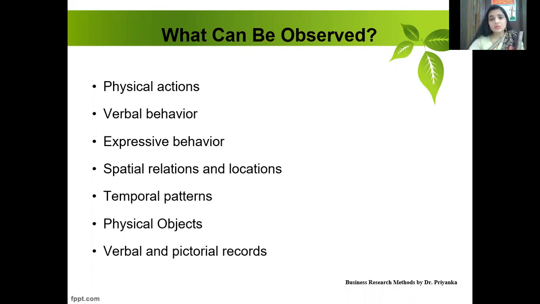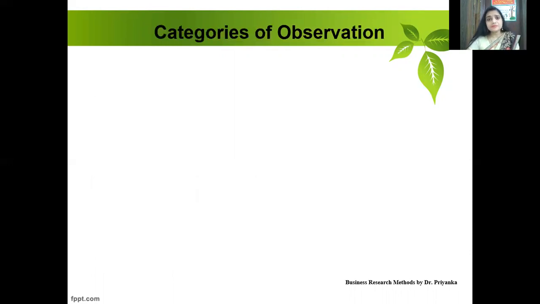These are the things which can be observed, and so many things can be listed under these categories. We discussed a few examples in our last video for all of them.